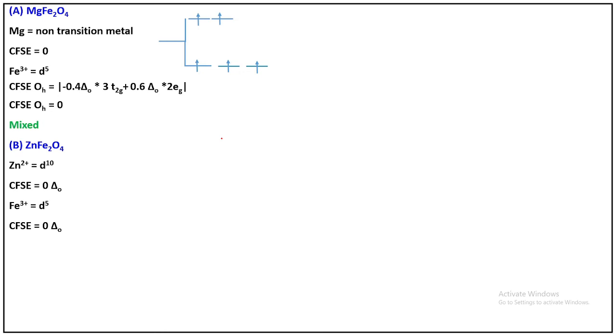But due to the size difference between zinc and iron, size of zinc is very much less than iron, and in such cases, the smaller cation, in this case Zn2+, will occupy the tetrahedral position and Fe3+ will occupy the octahedral voids, and we will get a normal spinel.